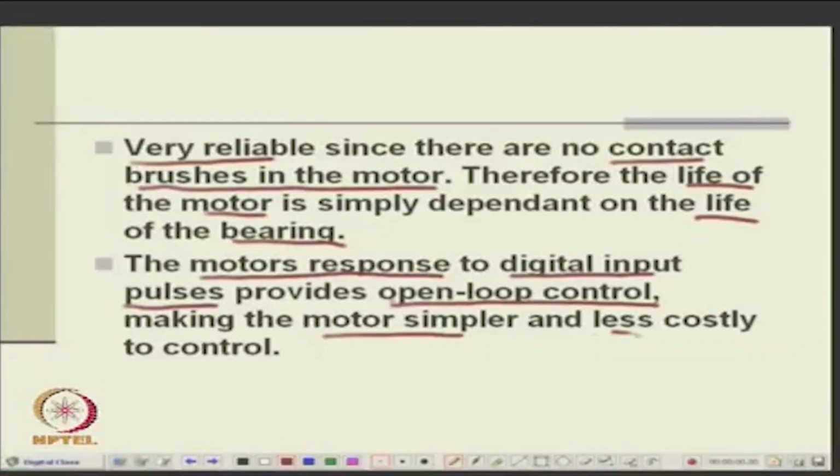So, there could be a fairly ideal linear relation between the number of pulses applied and the angle rotated. So, theta versus number of pulses n can be made ideally linear. That means the motor is supposed to be simpler and less costly to control. So, that is one of the features claimed for this motor.